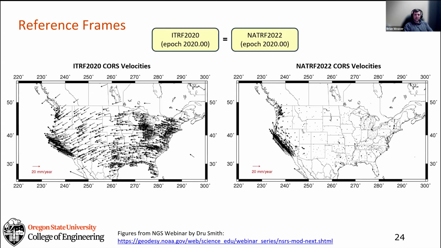The modernized National Spatial Reference System, modernized NSRS, in the United States is moving away from NAD 83. It actually aims to align to the International Terrestrial Reference Frame, ITRF2020, at a particular reference epoch.